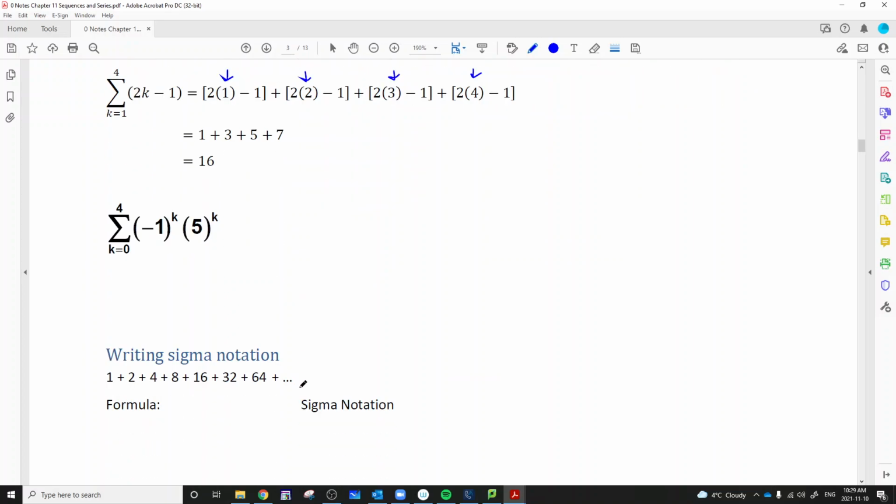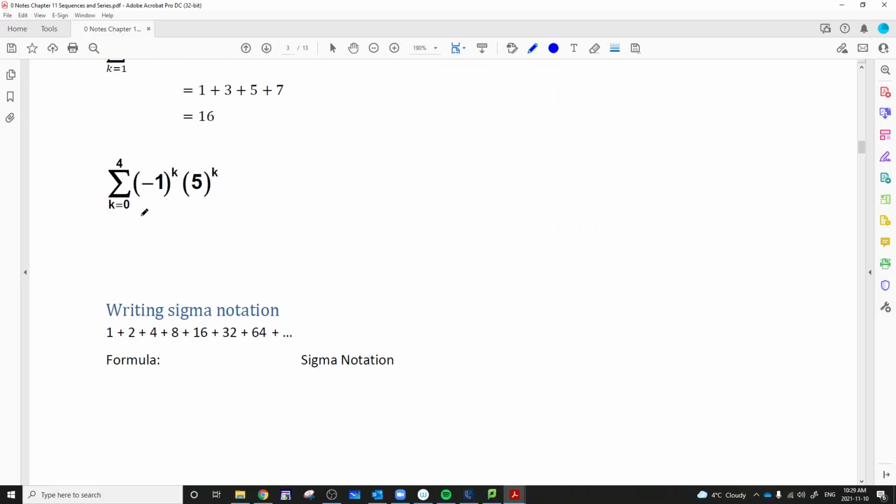So for this one, this is asking you to find the sum for this general term or general formula from where k is 0 up to where k is 4. So pause the video and give this a go. All right, hopefully you're coming back and you've done -1 to the 0 times 5 to the 0 plus -1 to the 1 times 5 to the 1, all the way up to where n is 4.